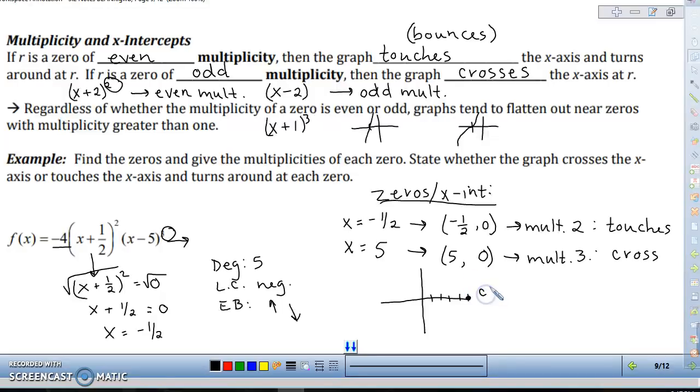I like to put a little c next to it as a reminder that it's going to cross. And we'll call this negative 1/2, and I'm going to put a little t next to it as a reminder that it would touch. Since my end behavior starts up here and ends down here, there's only one way for us to connect these dots, and that's what we're going to work up to. But we can start to get an idea of what this might look like.